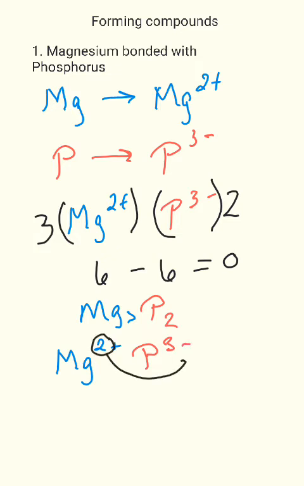This guy becomes a subscript here, this guy becomes a subscript here, and you get exactly the same answer, Mg3P2. Notice that the charges of each ion become the subscript of the other.